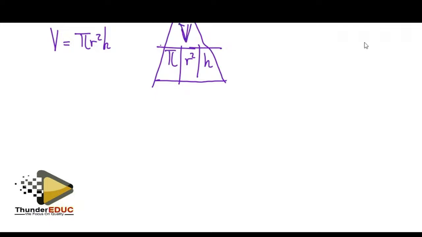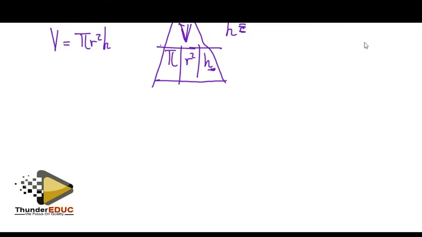Volume equals pi r squared h. So if I'm looking for, definitely pi is a constant number, there's nothing much there. So if I'm looking for h, height, it will be height, yes.